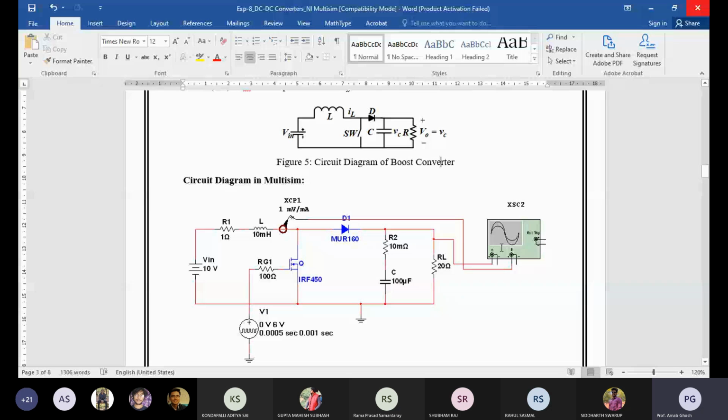After that, you can see the off condition. In the off condition, the voltage of your DC source plus the energy stored in your inductor are both summed and applied across your resistance. So it comes directly across your resistance.